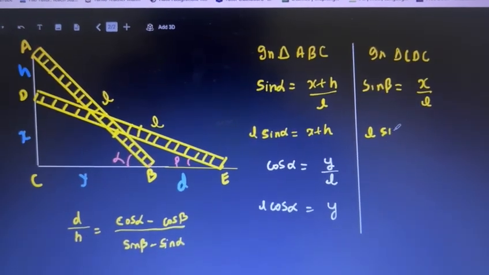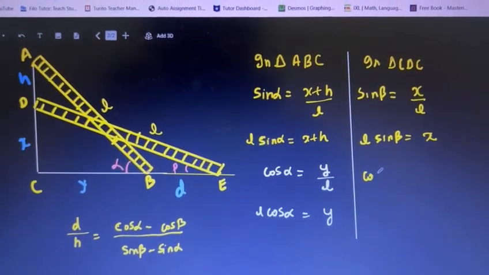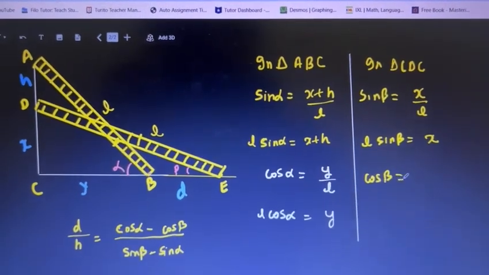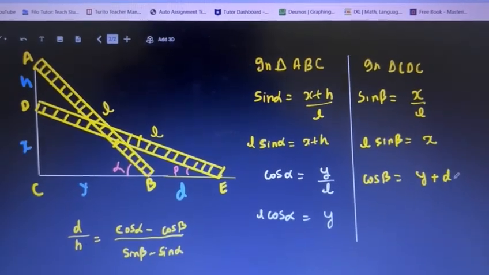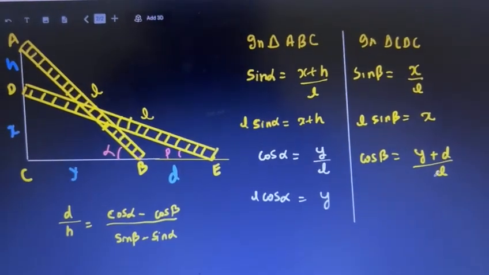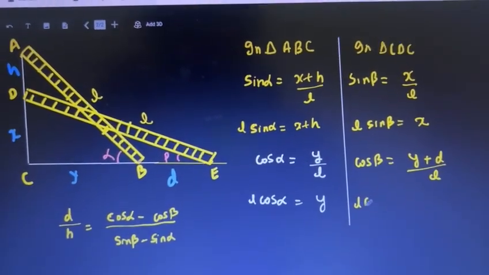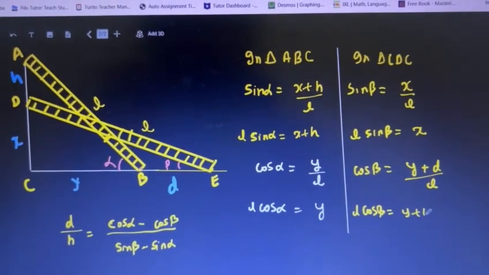L times sin beta is equal to X. Now figure out cos beta, which is adjacent over hypotenuse. What is the adjacent? Adjacent is Y plus D, over L, where L is the hypotenuse. So now cross multiply, what will we get? L cos beta is equal to Y plus D.